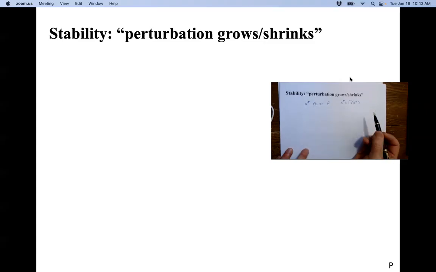That's the definition. So we perturb it. That is, we make a little change to X star, a little delta X change, and we want to know what happens to that delta X.